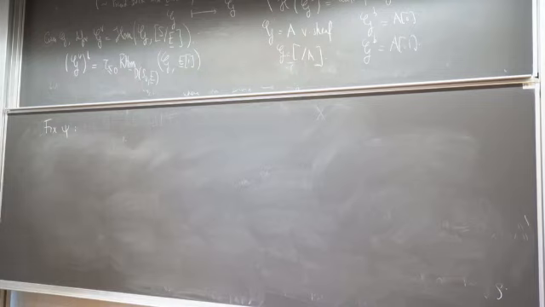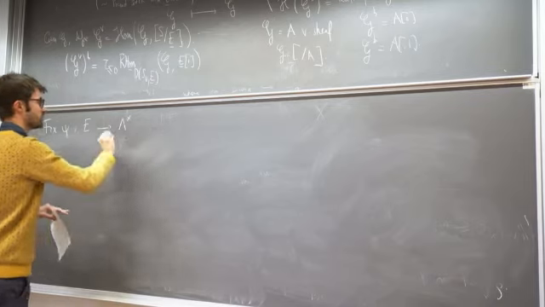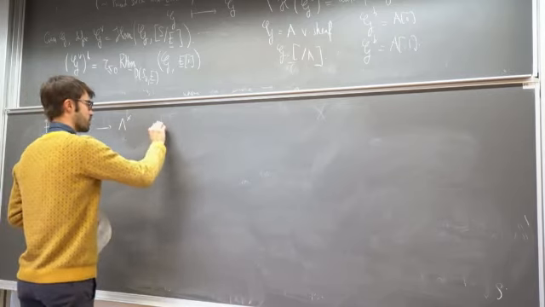Here as well, you need to choose some additive character. So now, psi is an additive character of E, whose value is in the units of Lambda.